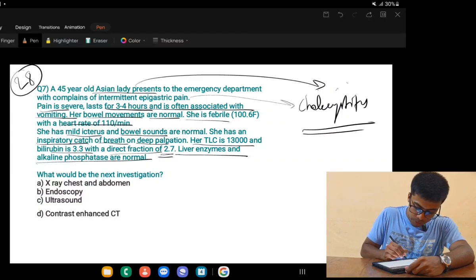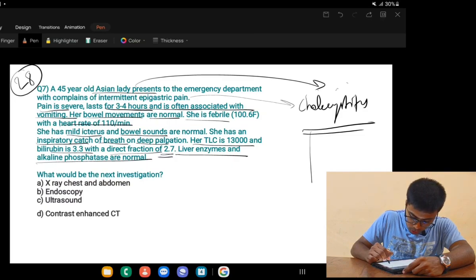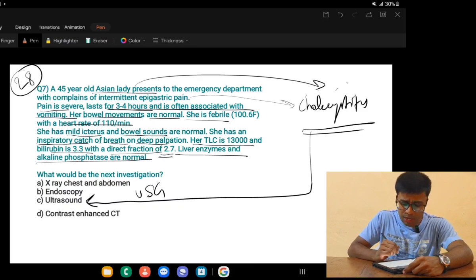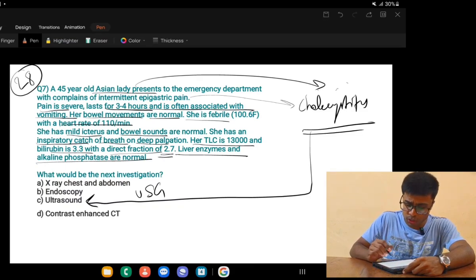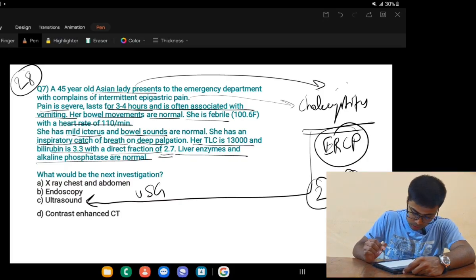What would be the next investigation? They are asking the next investigation, so it should be ultrasound, USG. But if they ask the investigation of choice, then ERCP. So 2 questions are done and dusted from this.